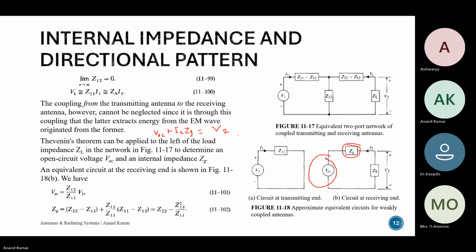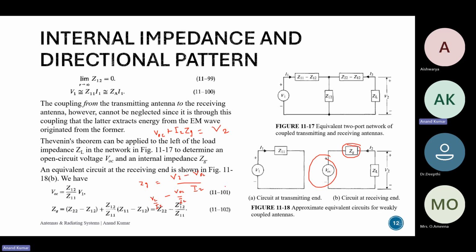Now this implies ZG is equal to V2 minus VOC by I2. And this implies V2 by I2 minus VOC by I2.